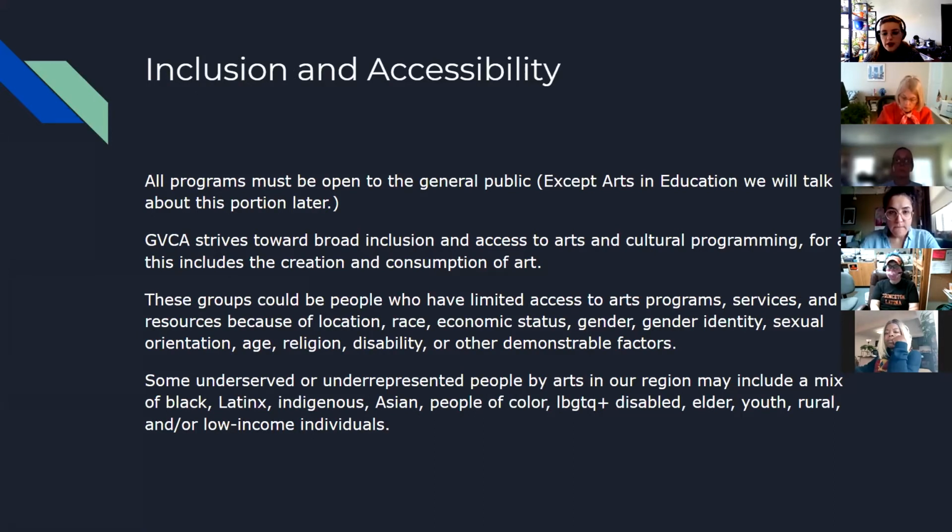We strive to make sure that we are having broad inclusion and access to arts and cultural programming for all people. This is including the creators of the art as well as the consumers of whatever projects that you might be putting forth. And we really want to make sure that our groups are considering reaching out to individuals and community prior to submitting your grant.